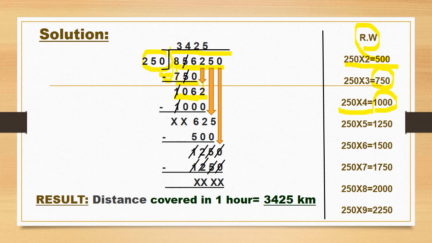Now subtract 1000 from 1062 and then follow the same method in the next 2 steps. So here there is no remainder left. So the result is the rocket travels 3,425 kilometers in 1 hour.